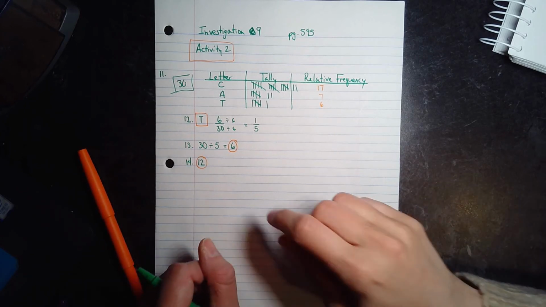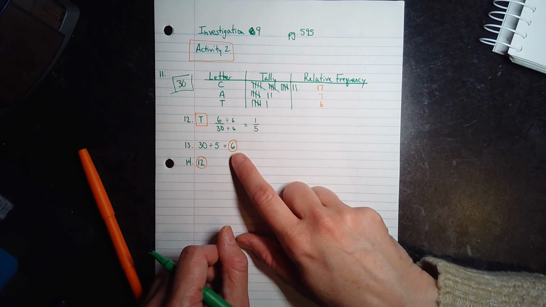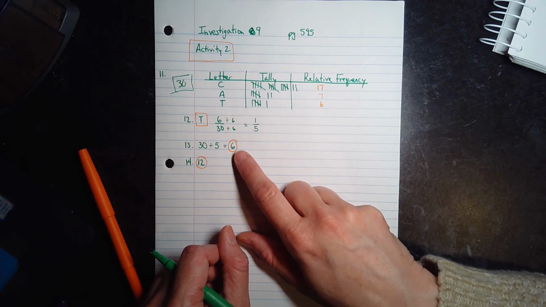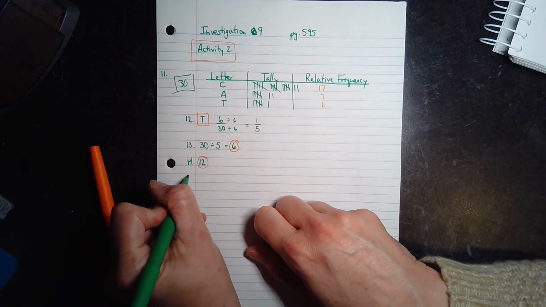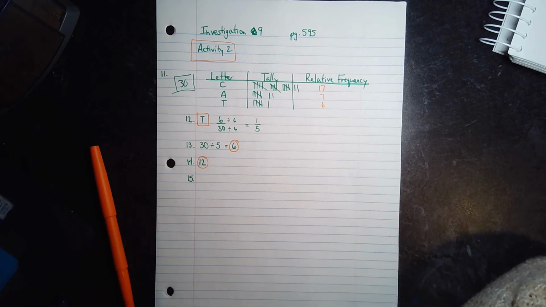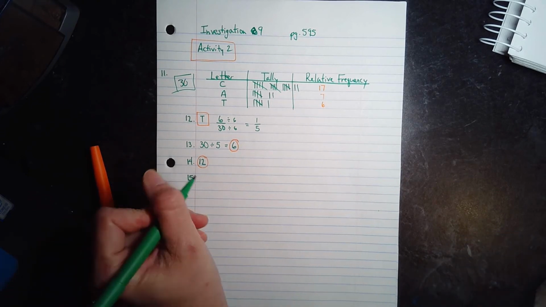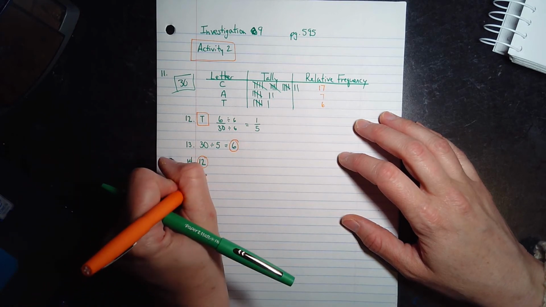Well, again, if a single letter, you expect to get 6 times. If you have double of that letter, you expect to get it 12 times. If you have triple of that letter, how often would you expect to get it? So you would do 6 times 3, 18. You would expect to get it 18 times.